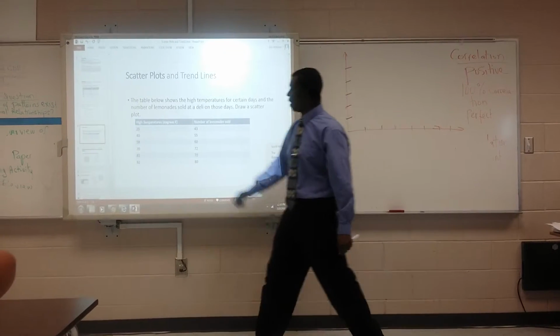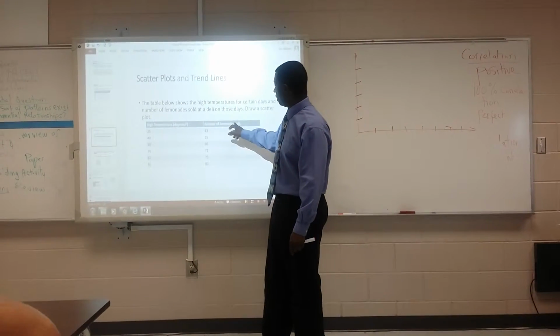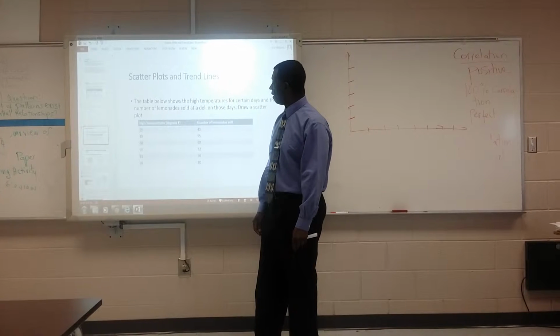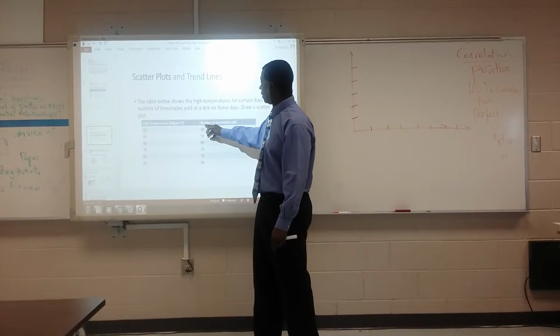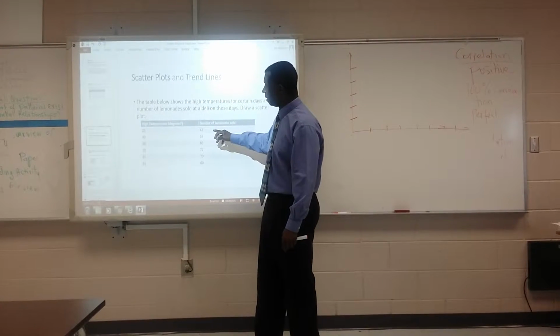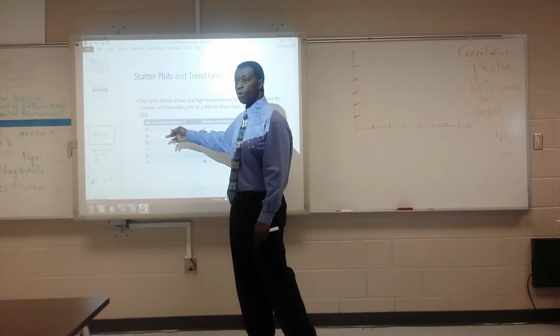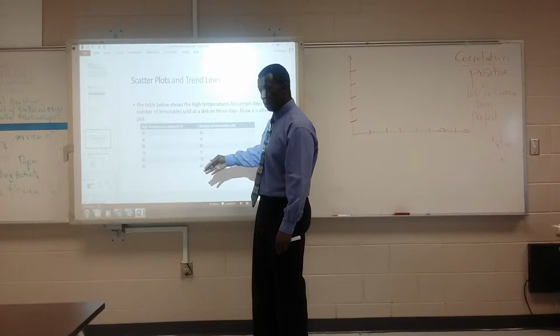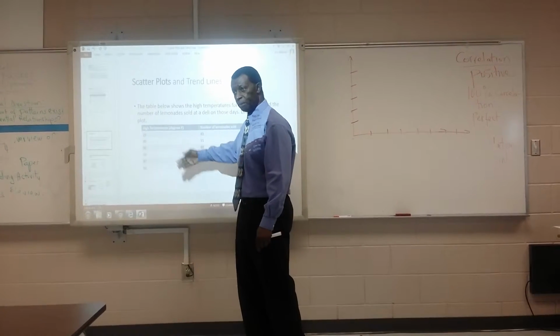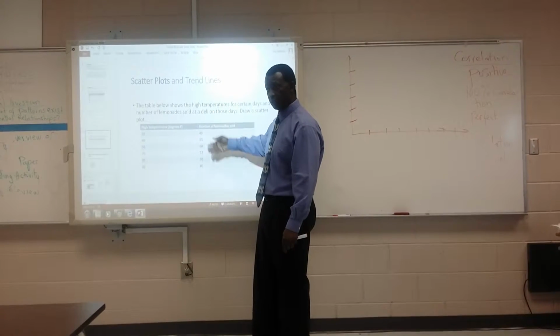So here we have high temperatures, we have the number of lemonade sold. I would say that the number of lemonade sold is dependent on the high temperatures. From the table, we are seeing that trend. Probably as it gets hotter, people tend to buy more lemonades to cool themselves.